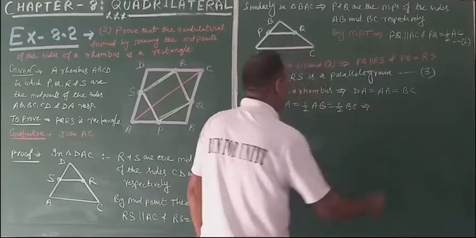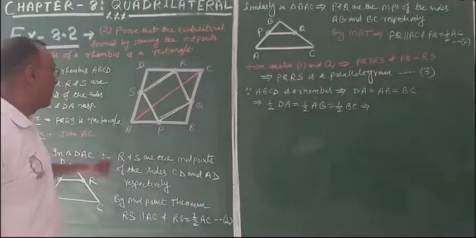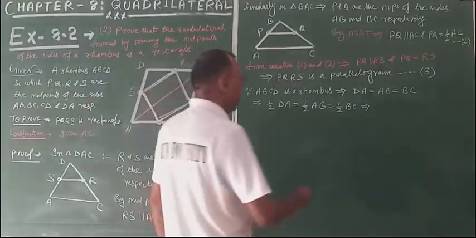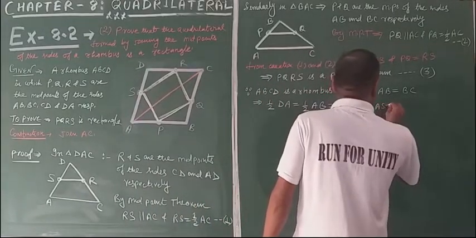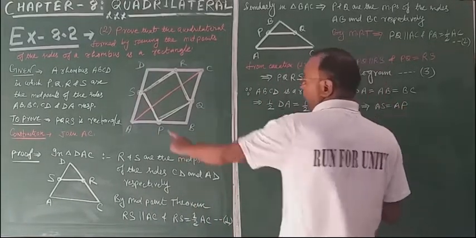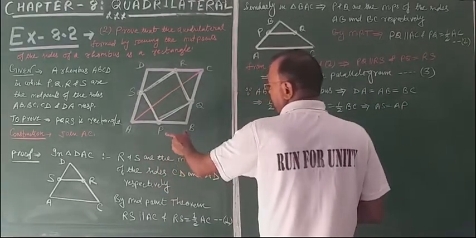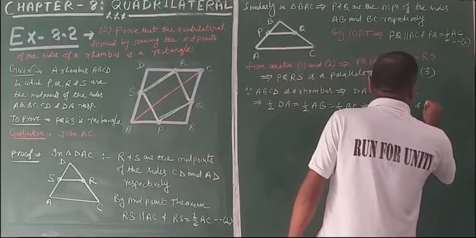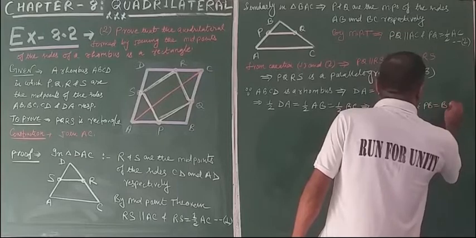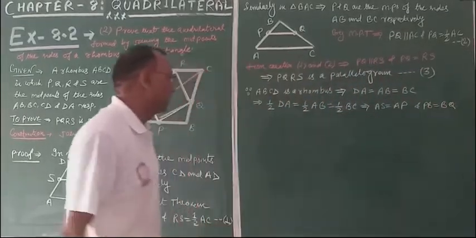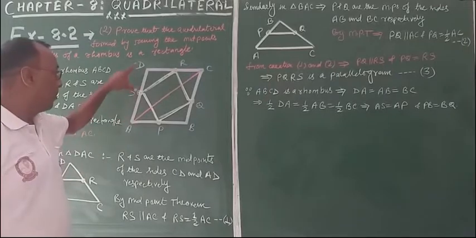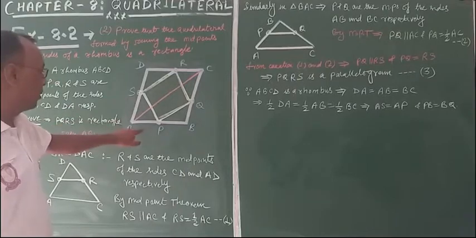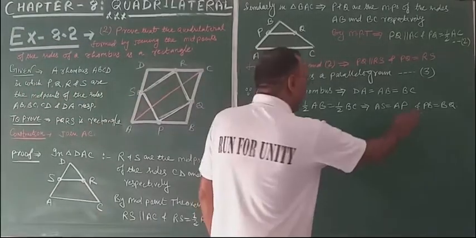Half of DA means AS is equal to AP, and PB is equal to BQ.